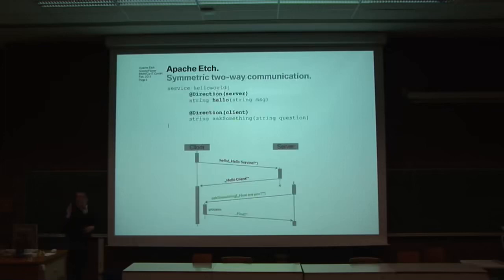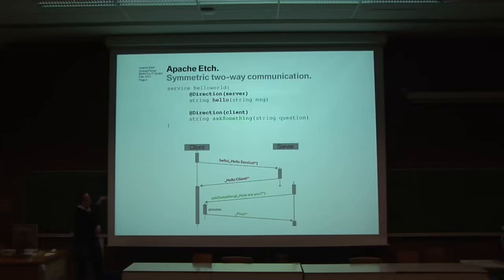First of all, I told you Etch is symmetric. What does that mean? You can define services in your IDL, and you can annotate them by using direction primitives. You can say, this hello method is something that I can send to the server, and this ask something method is something that I can send to the client. So here you see that in Etch, it doesn't make a difference who is the server and who's the client. You just communicate on the wire.